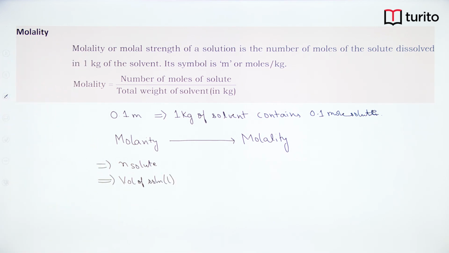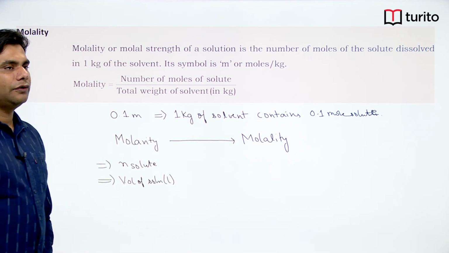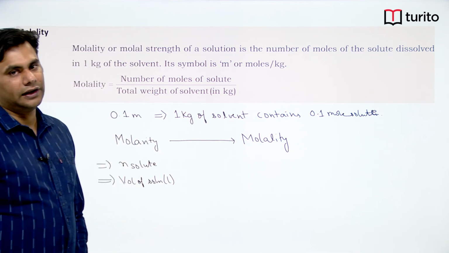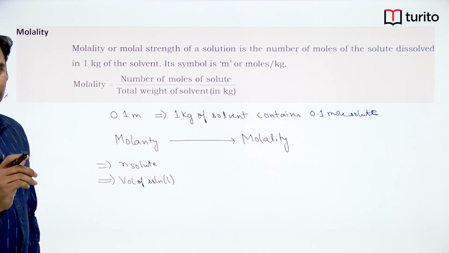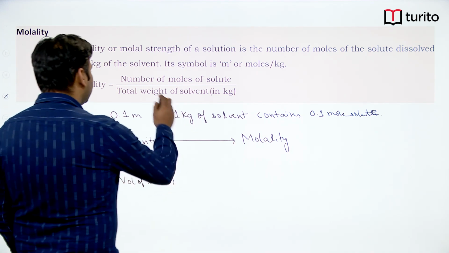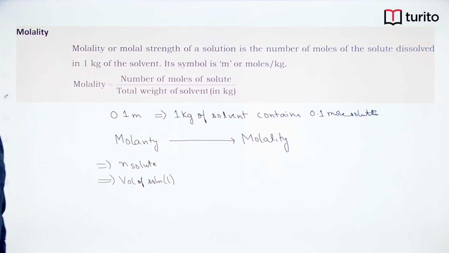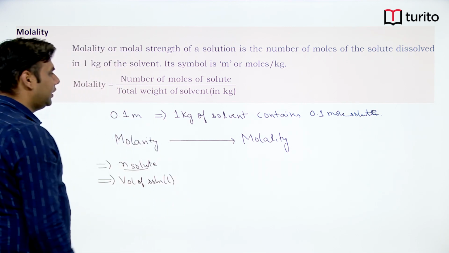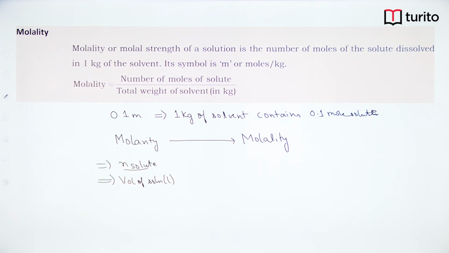Suppose 0.1 molar HCl is given to us, so we'll say that 1 liter of solution contains 0.1 mole of HCl. So we know the moles of solute, and we know the volume of the solution. To find out the molality, we know it is the number of moles of solute upon the total weight of solvent. Now we know the moles of solute, but we don't know the mass of solvent in kg.